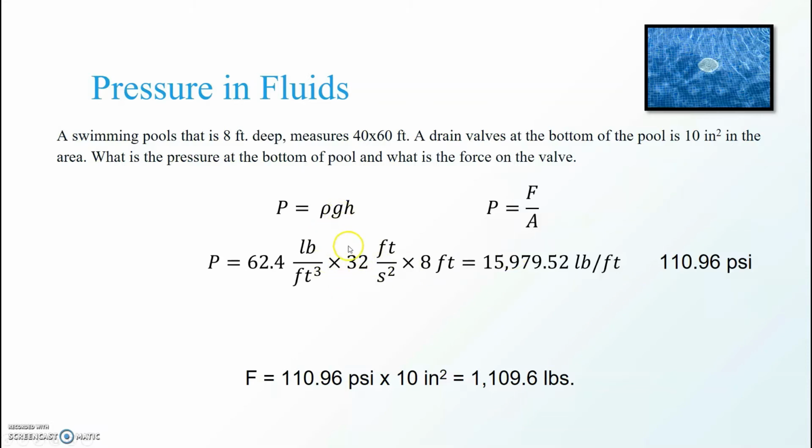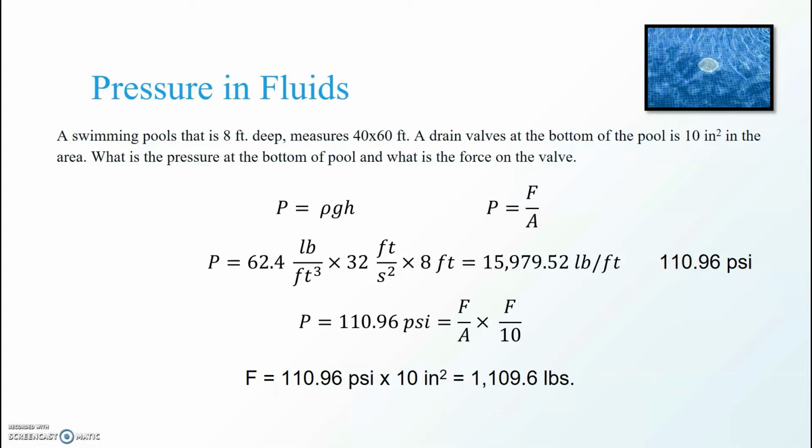That's gravity in the standard units, okay? And what about the 62? That is the density of water in standard units. Okay, so then that comes out as, if you change that into its PSI, that comes to 110 PSI.